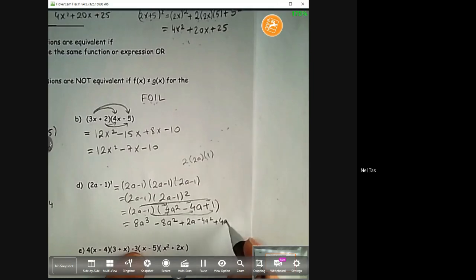Now take the second term from the first bracket. Again, multiply every term in the second bracket by that. So negative 1 times 4a squared, negative 4a squared. Negative 1 times negative 4a, positive 4a. Negative 1 times positive 1, negative 1. Now collect like terms.